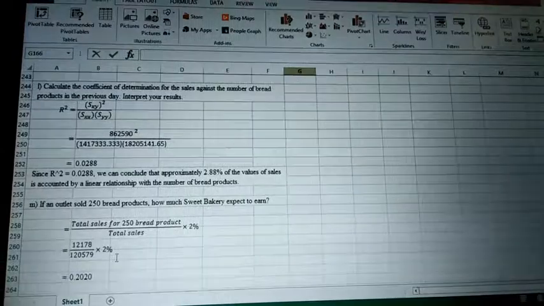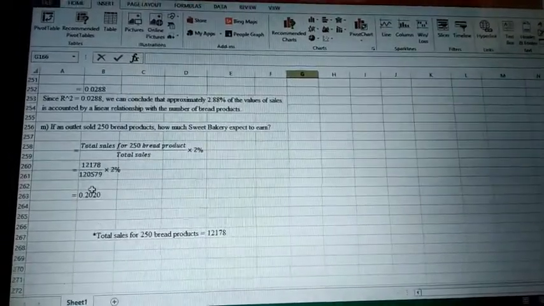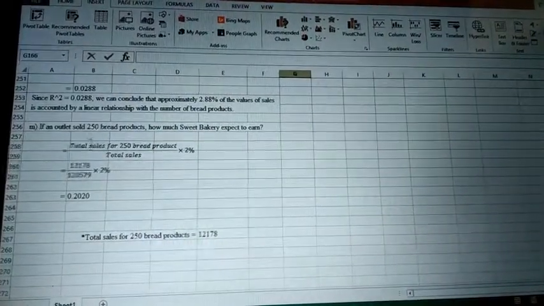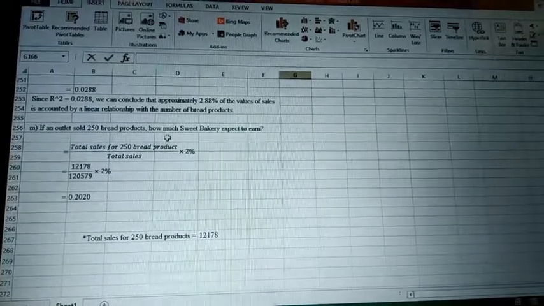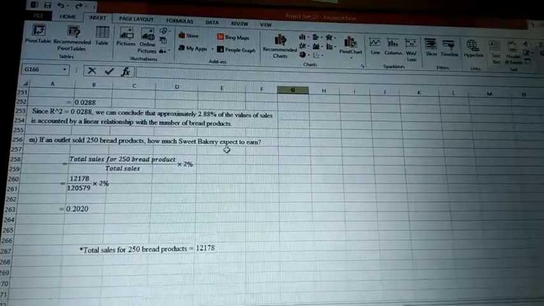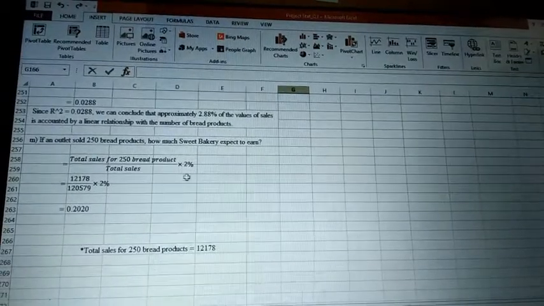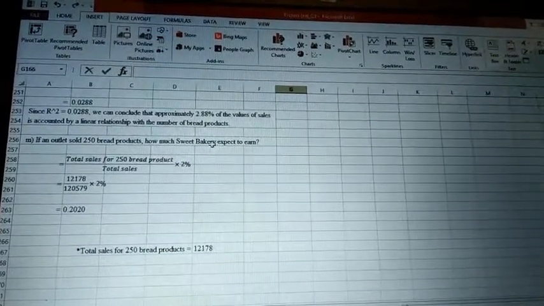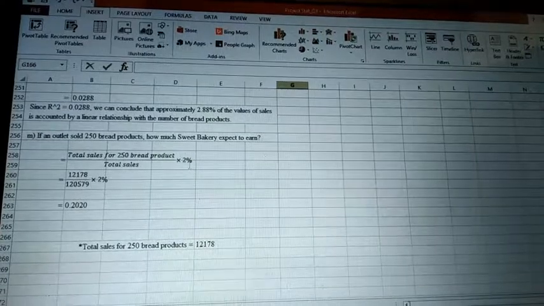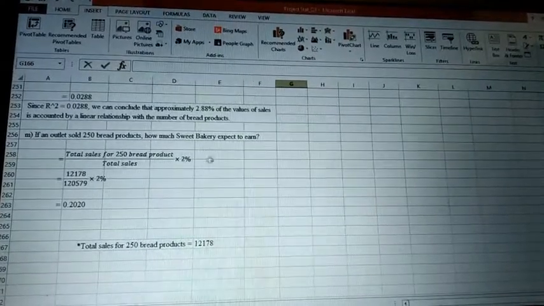For the last question, which is M, if an outlet sold 250 bread products, how much would Sweet Bakery expect to earn? Here we assume that Sweet Bakery gets 2% from the total sale.